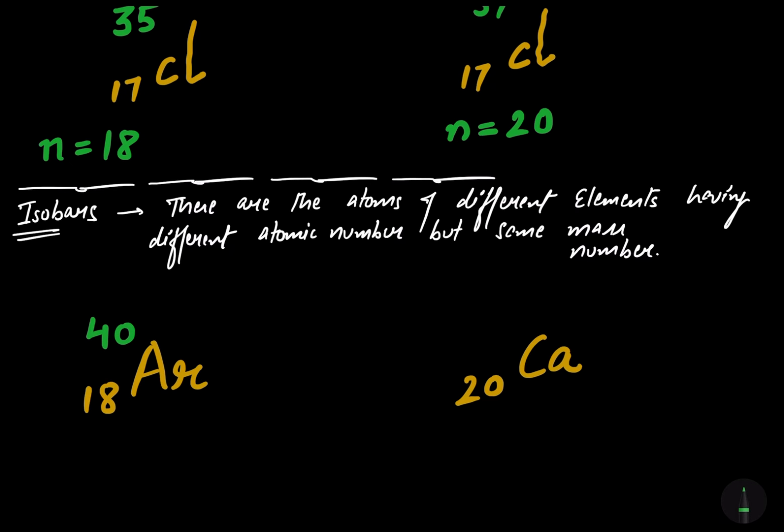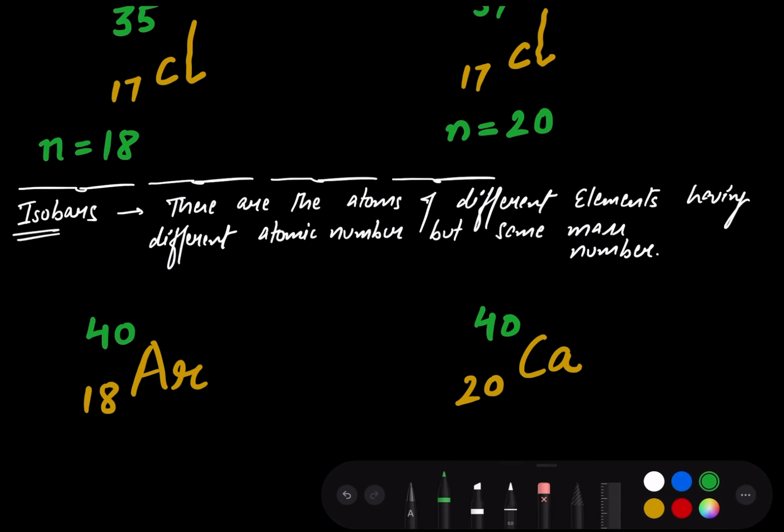And what's the mass number of calcium? It's again 40. So you can observe that argon and calcium have different atomic numbers, but they have the same mass number, that is 40. So what's common in them? Obviously the same mass number, or you can say that the sum of protons and neutrons is common in both of them. They will have a different number of protons and a different number of neutrons, but the sum of protons and neutrons will be the same.